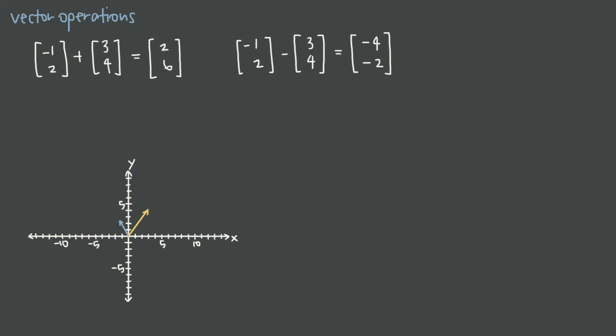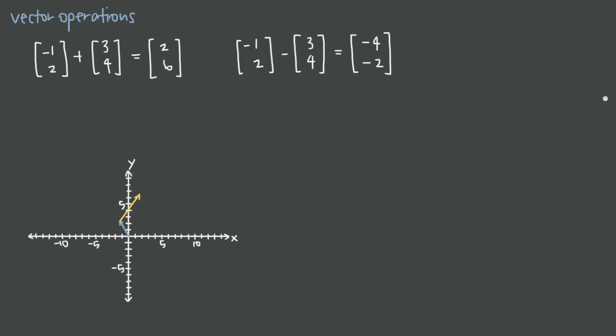When we add vectors together, what we're really saying is that we are connecting the initial point of the second vector to the terminal point of the first vector. And so we move the vector 3, 4 to connect it to the end of -1, 2, and then the sum will be the vector that connects the initial point of the first vector to the terminal point of the second vector.